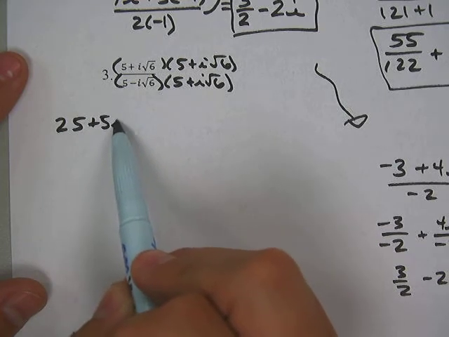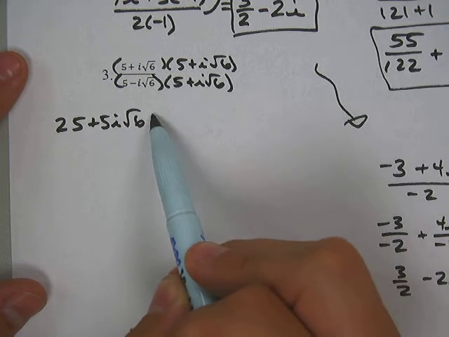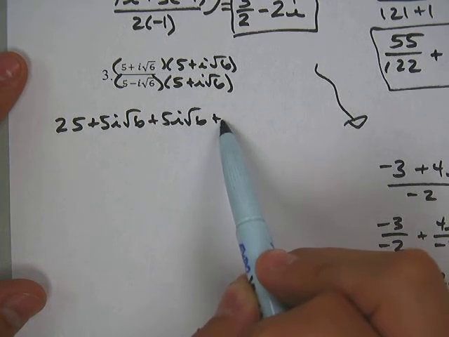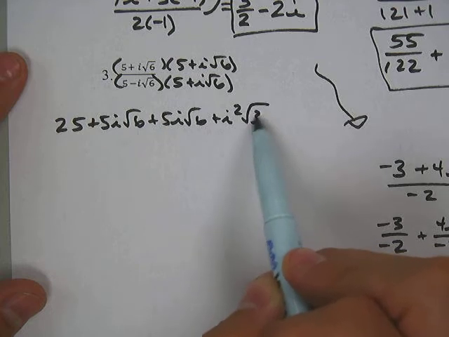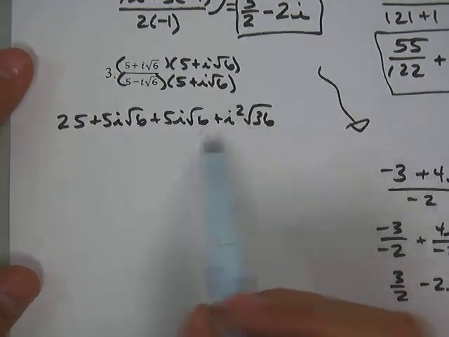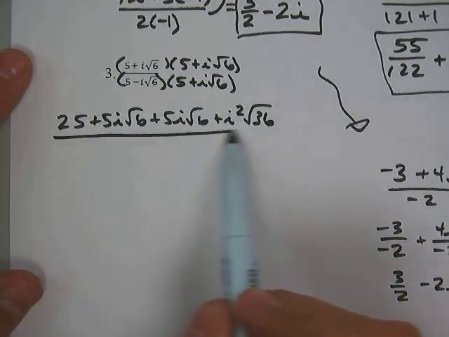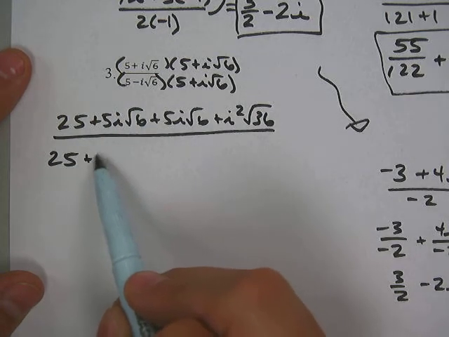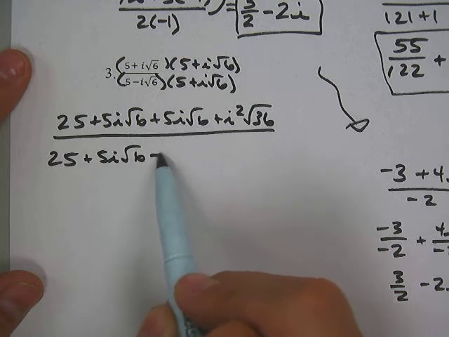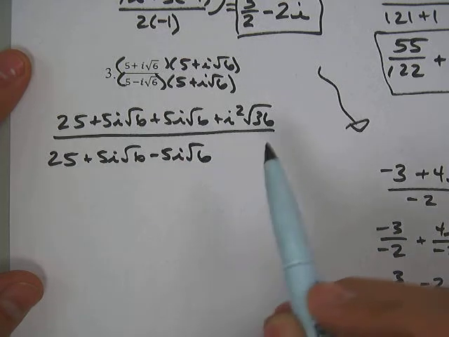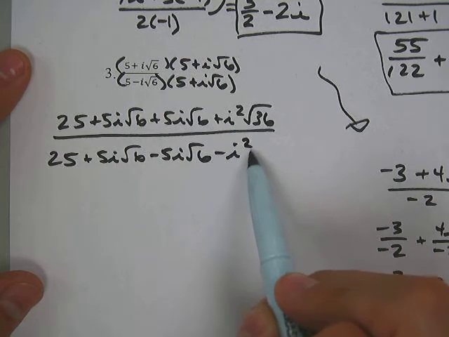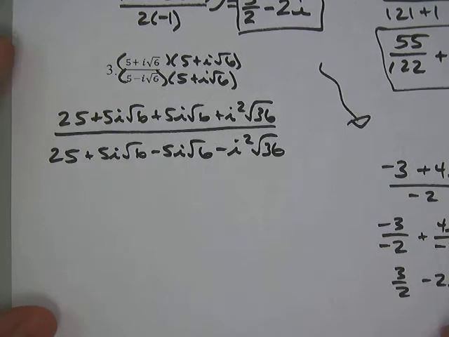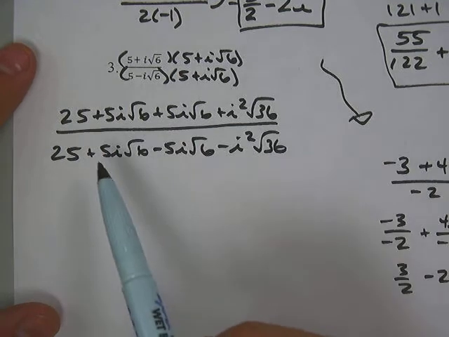On top, if I distribute, I get 25 plus 5i root 6 plus 5i root 6 plus i squared root 36, which I know we'll be able to simplify. On the bottom, you get 25 plus 5i root 6 minus 5i root 6 minus i squared root 36.